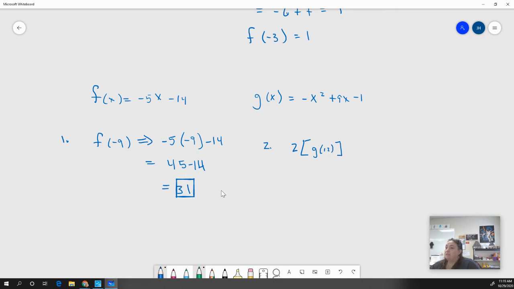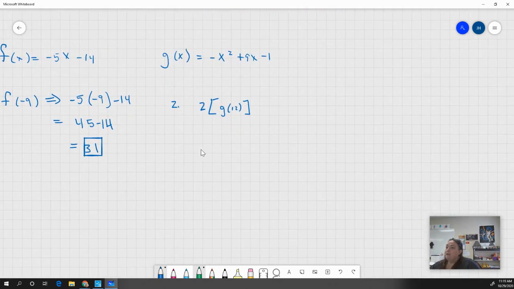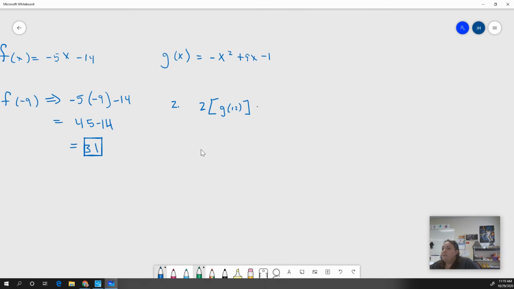That's sort of a crazy looking problem when we think about it. But it's not so bad, really, because what is it saying? It's saying, well, I've got 2. I'm going to put the bracket back there, right? And I'm going to go g of 12, which means I'm going to take this equation, and anywhere I have an x, I'm going to put 12 in, right?